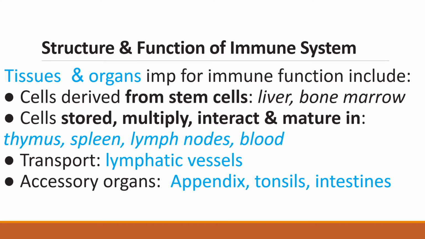Tissues and organs important for immune function include cells derived from stem cells, liver and bone marrow. Cells are stored, multiply, interact, and mature in the thymus, spleen, lymph nodes, and blood.